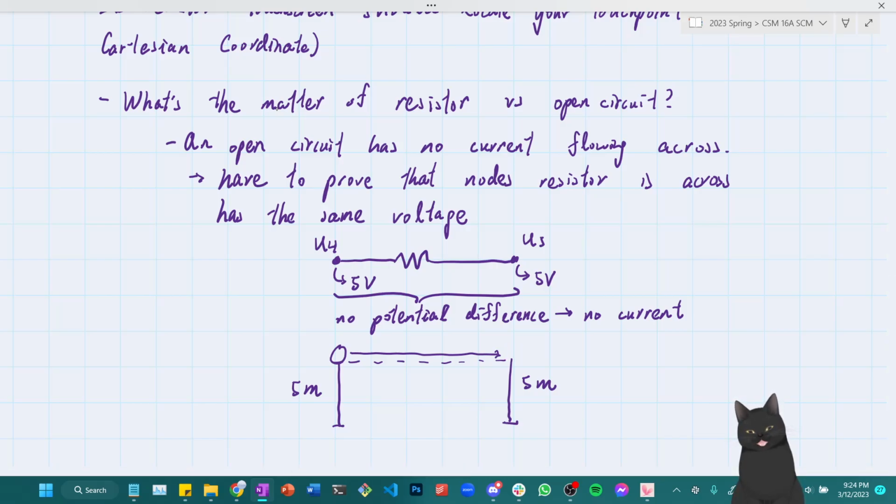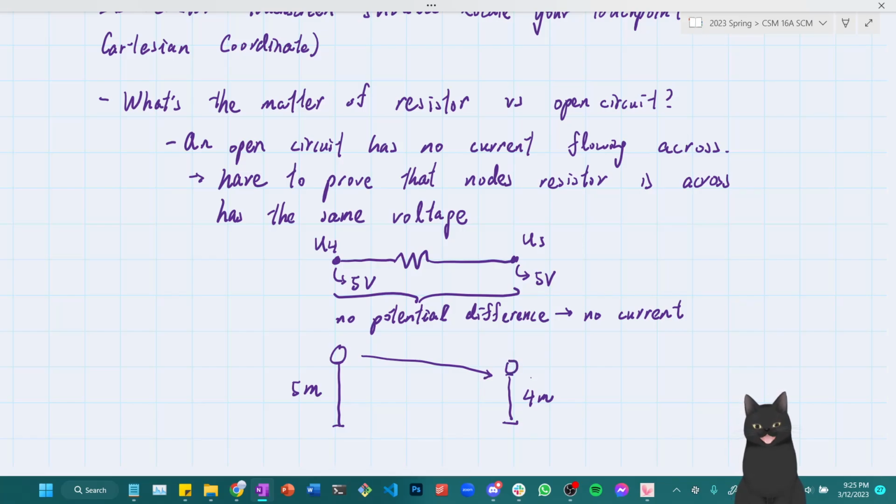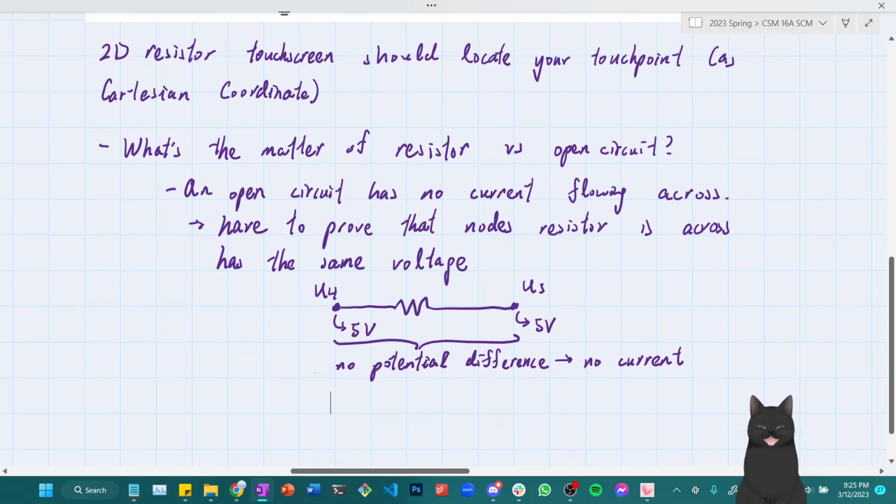But if I change the location the water is going towards to be a little bit lower, then there's gravity pulling water from a higher place to a lower place. And a very similar thing is happening to the electric phenomenon of no potential difference equals no current. Alright, so that's a very brief and informal physics lesson that you will not be using in 16A, but that's a physics perspective towards why there's no current when there's no potential difference.